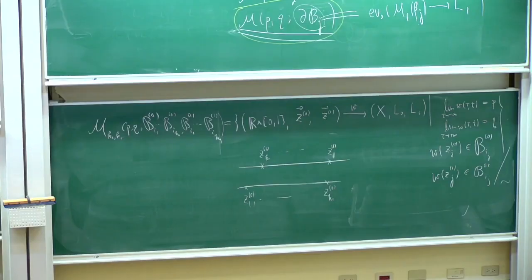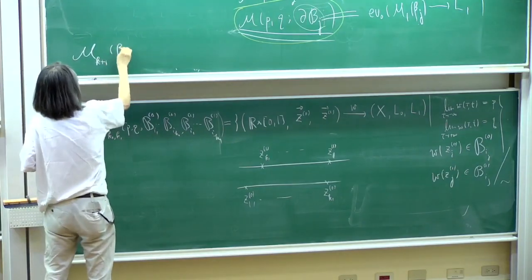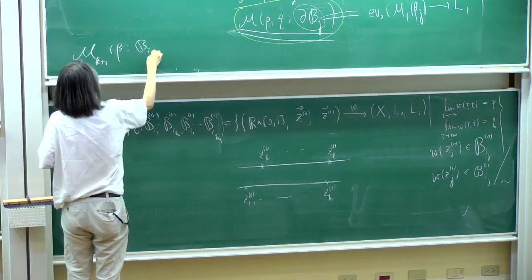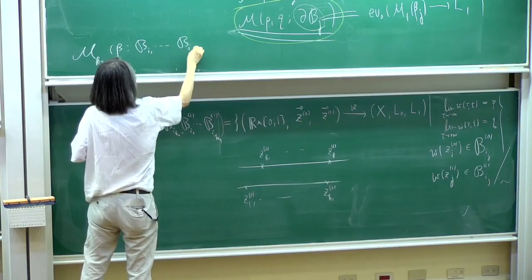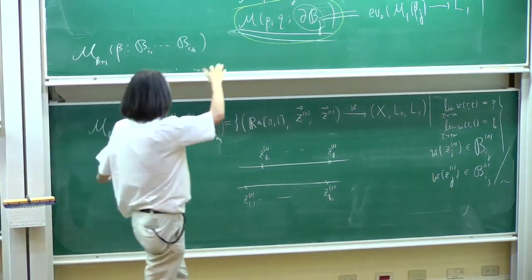So this is actually very similar to the moduli space I wrote before, M_{k+1}(β) and B_{i1}, that's the B_{ik}. So I wrote this for just one Lagrangian. But here I have two Lagrangians.